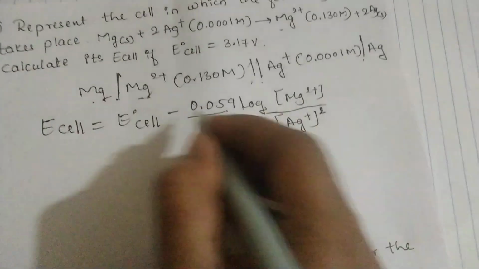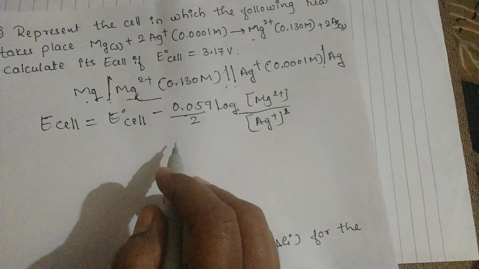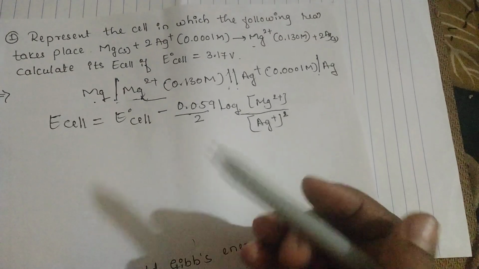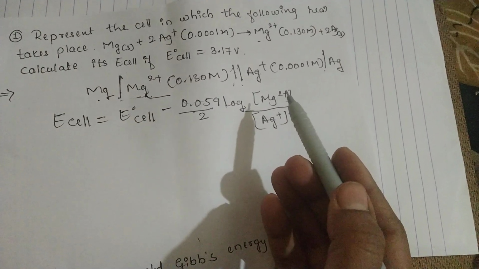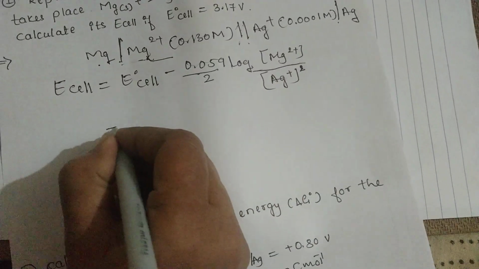Here this is oxidation, and we know that oxidation occurs at the anode side and reduction occurs at the cathode side. So here we have to put the values.